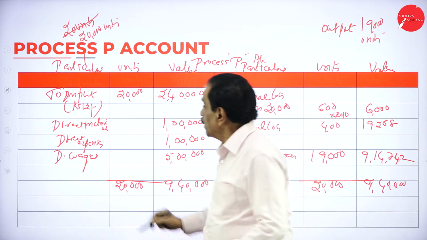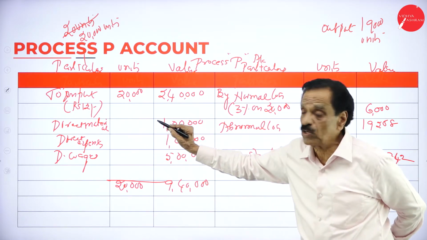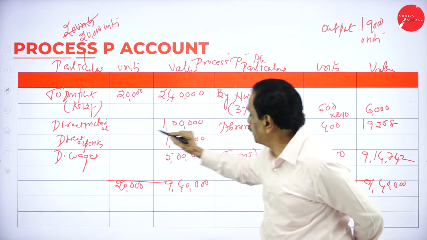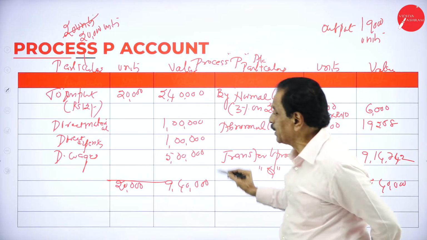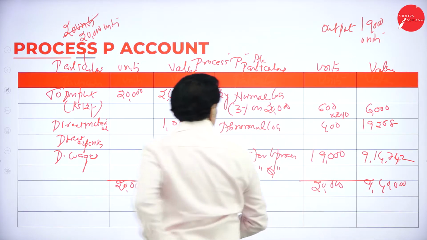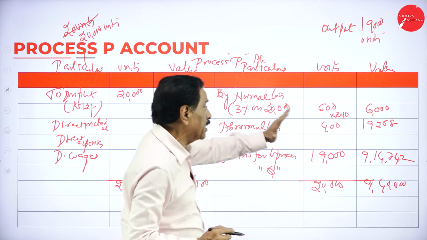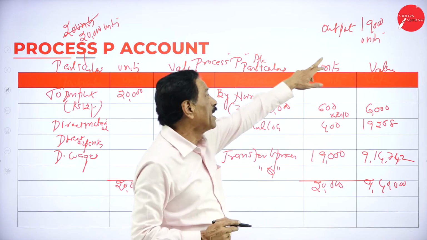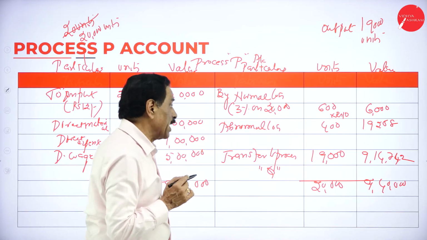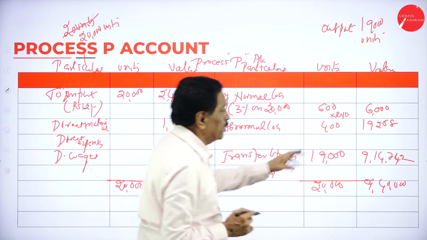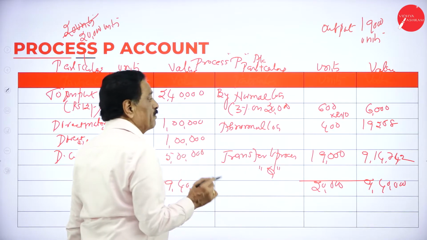Your input is 20,000 units, per unit 12 rupees, 2,40,000, direct material 1 lakh, direct expense 1 lakh, direct wages 5 lakh. Normal loss is 600 units; you put 20,000, 600 gone means 19,400. Then when you add the 9,40,000 and deduct the 6,000, the difference will come.